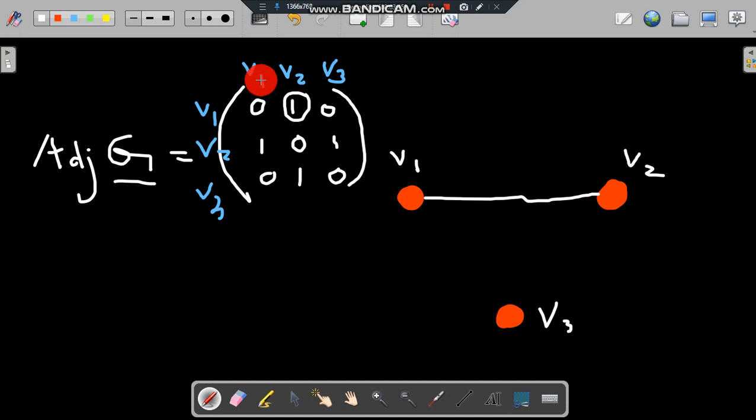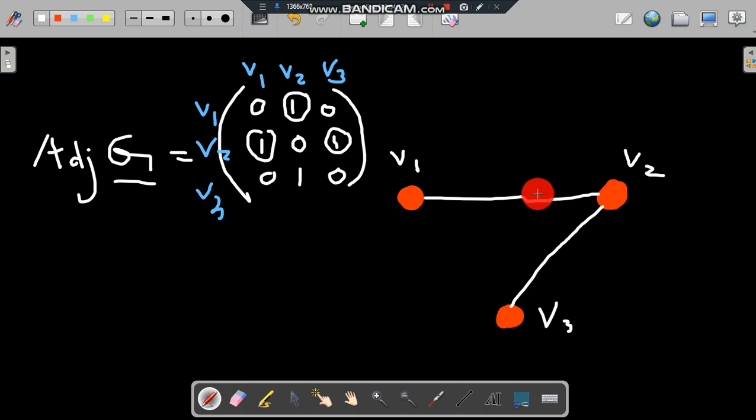V2, V1: yes, 1 comes here. There is an adjacency from here to here. That is already drawn. V2, V2: 0, so we cannot join. V2, V3: there exists an edge, so we have to make a connection.